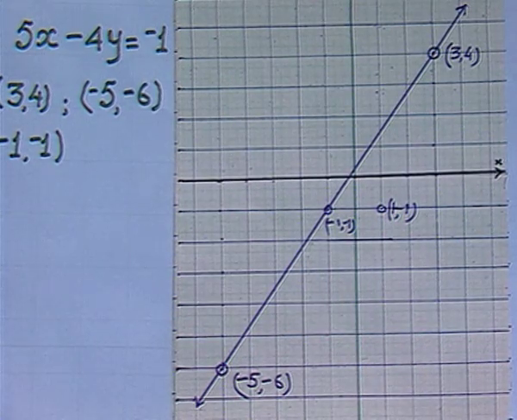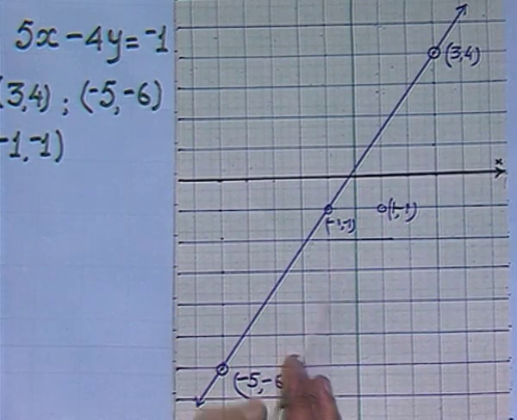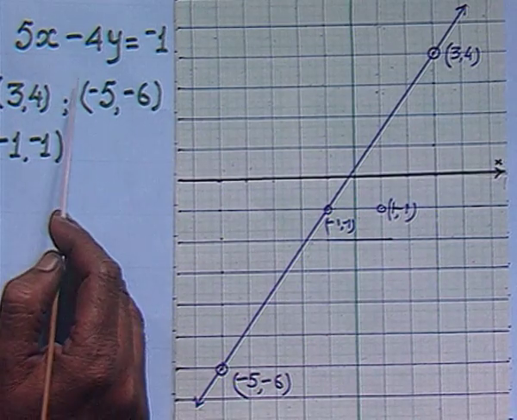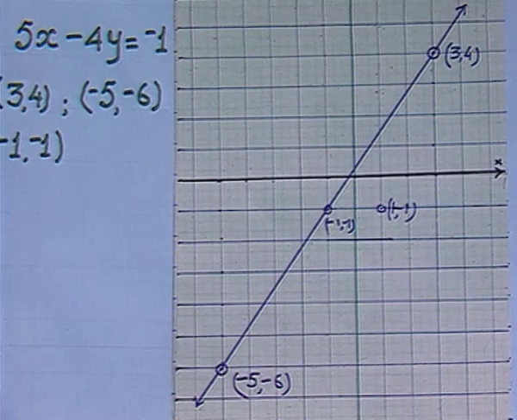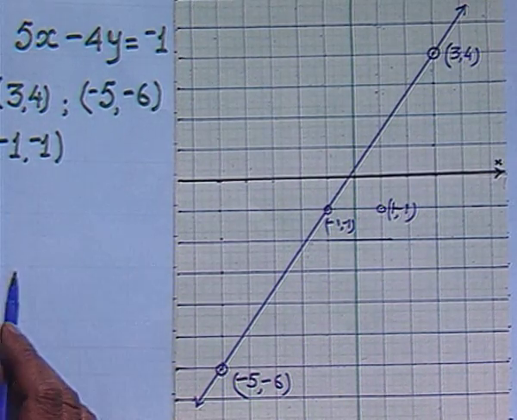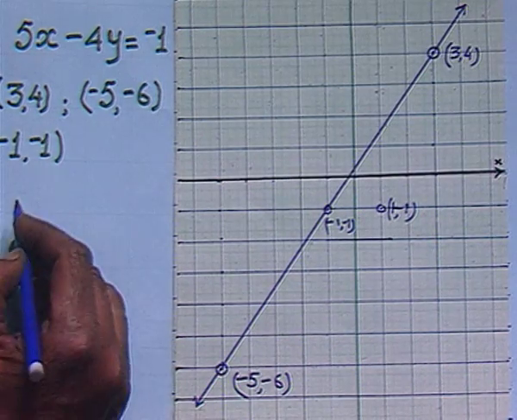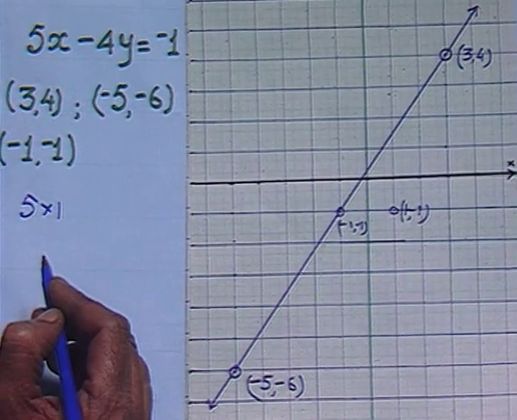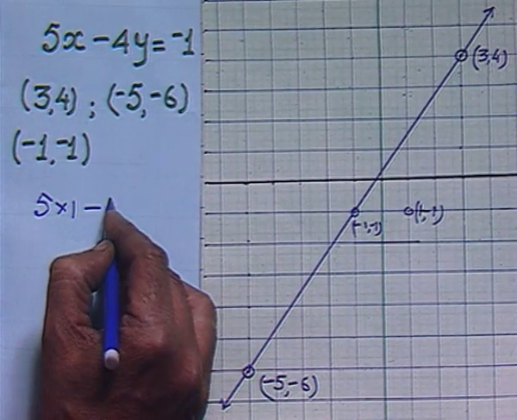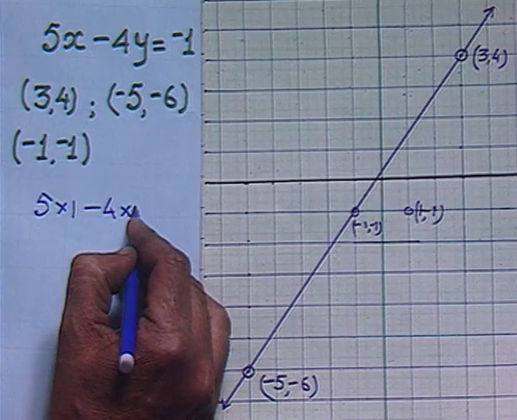So can you tell me now whether 1, minus 1 will be the solution of this equation or not? Let's put that in the equation and see whether this equation becomes a true statement or a false statement. So that is 5 times 1 minus 4 times minus 1.